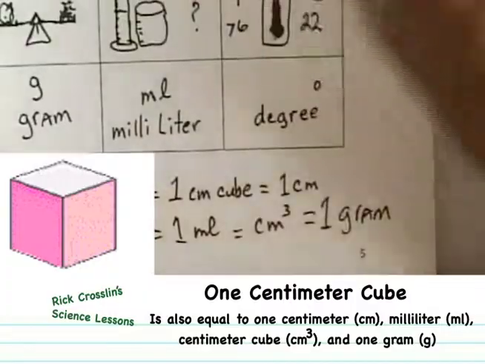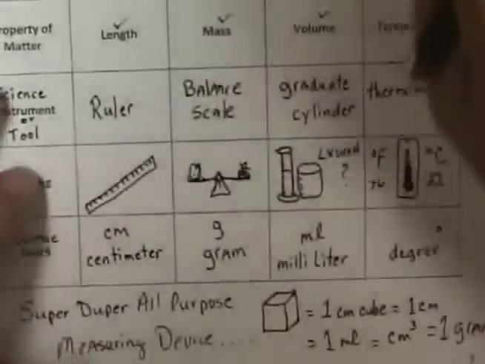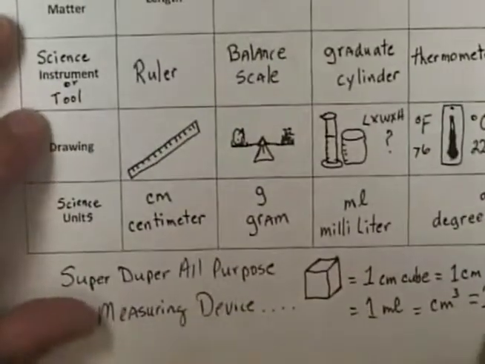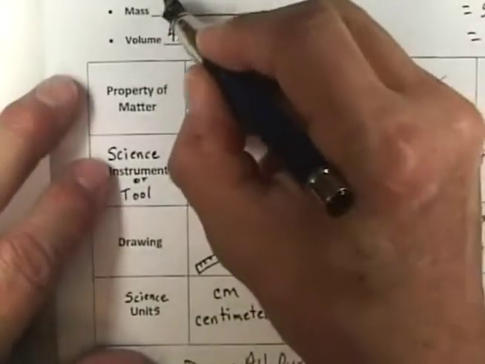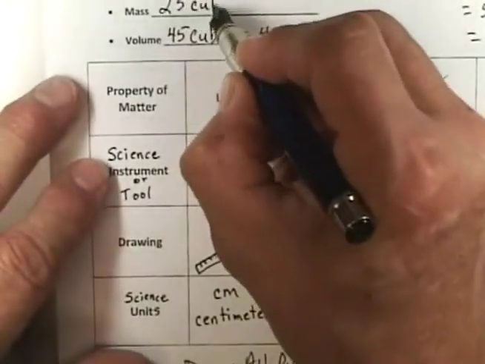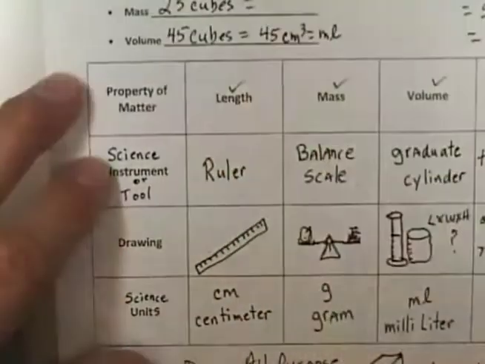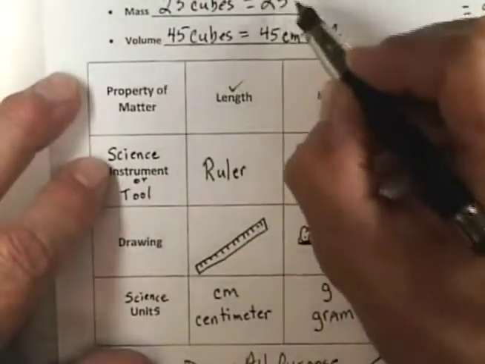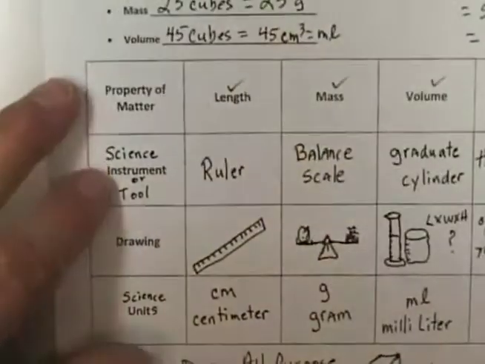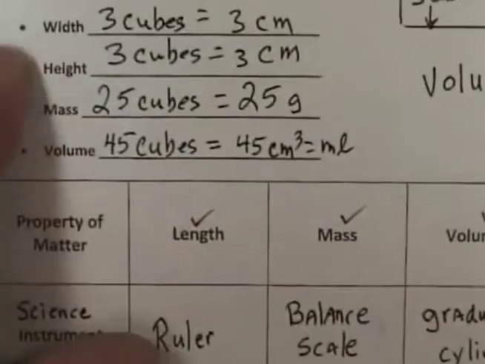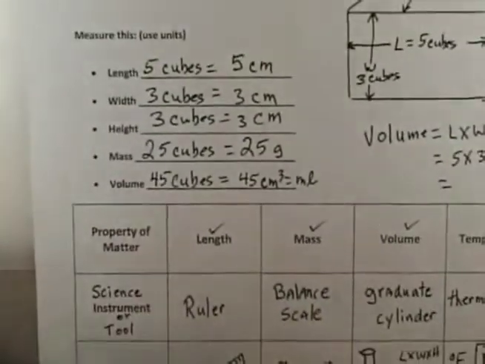So, oh, you're not so smart, computer. We figured it out, 1 gram, and so I had 25 cubes, and that equals 25 grams of mass. Wow.